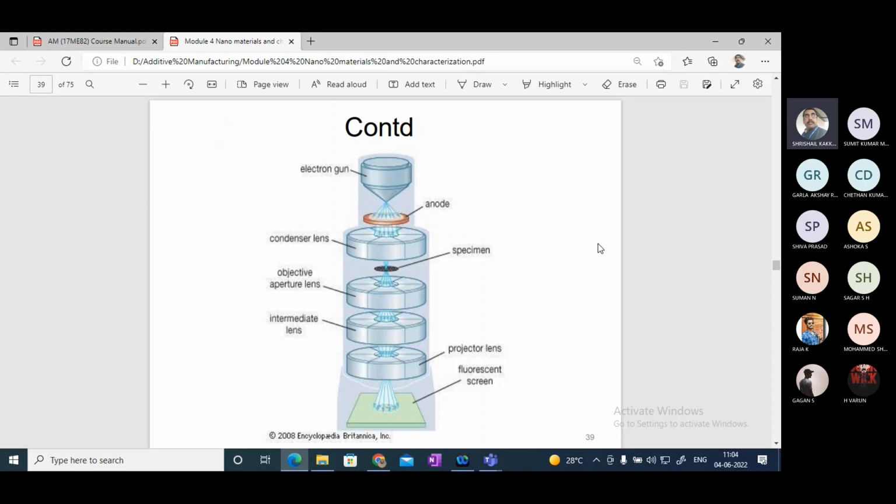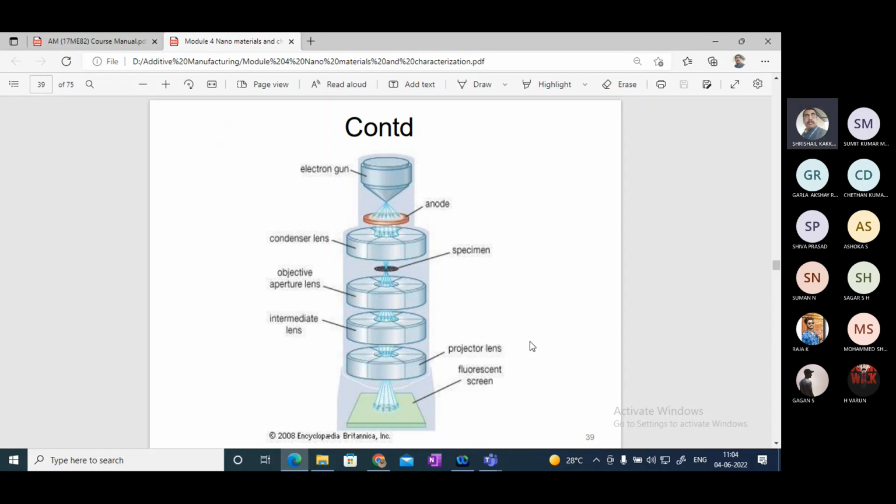The scanning electron microscope and transmission electron microscope we have studied. Which type of microscope is it? Please tell me. Anyone? You can see that the specimen is kept in between, so definitely the electrons will be transmitting through this workpiece. So definitely it will be a transmission electron microscope.